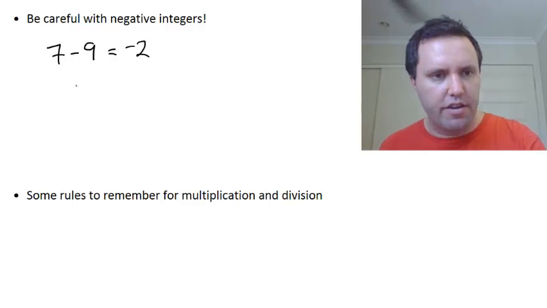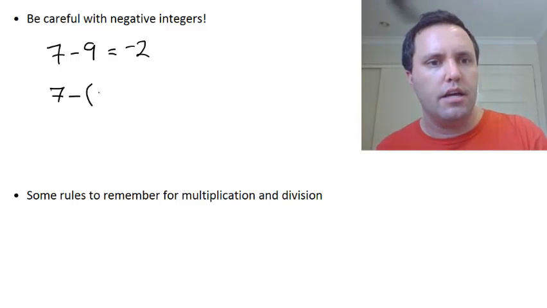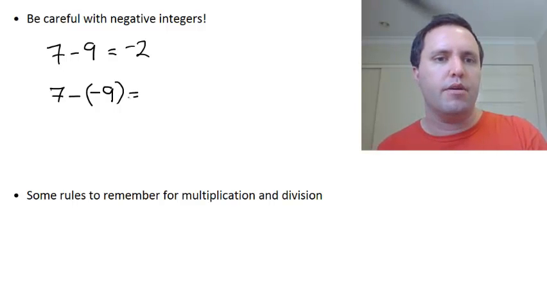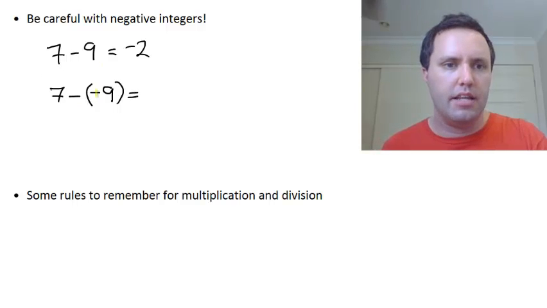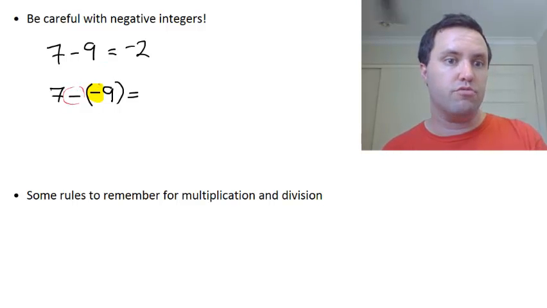Now, if it was 7 minus negative 9, because we have this negative sign in here, it means that this subtraction sign is going to become an addition instead, and we're going to drop this here.